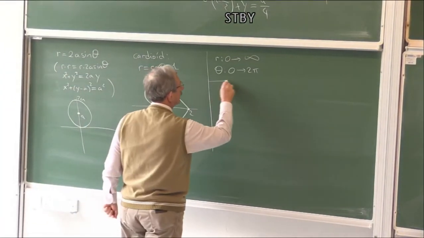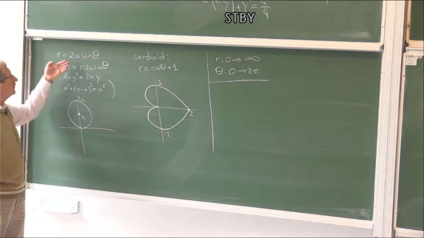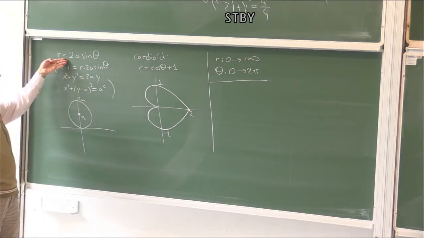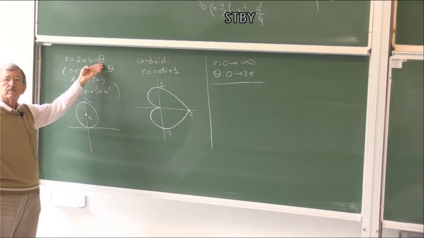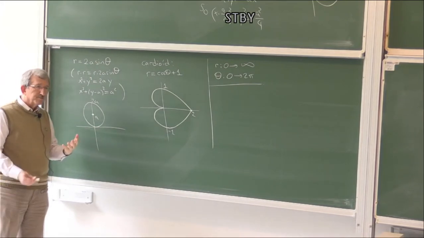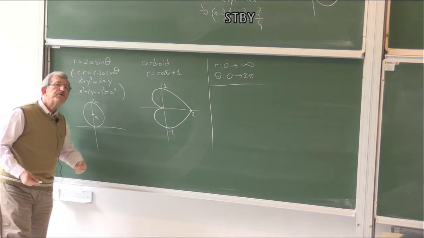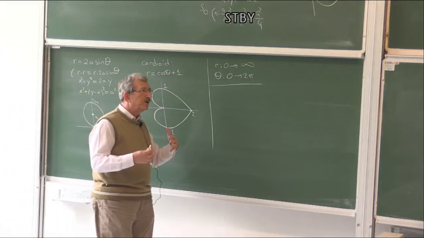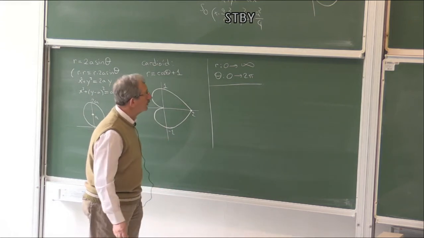But when you discuss, for example, a formula like this, it may happen that sine theta is negative. That means r is negative. Now, this is problematic. Actually, it's not, with the following interpretation, which we introduced last time when we discussed polars.